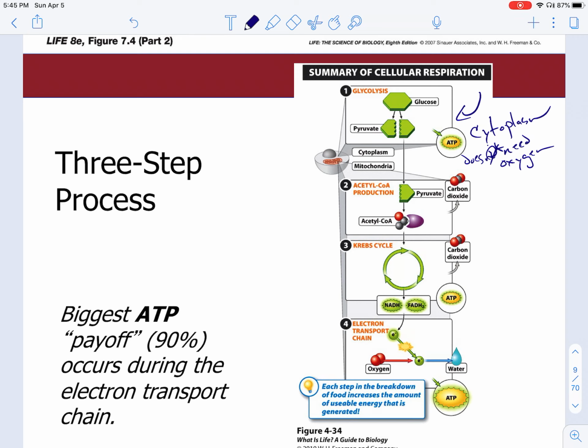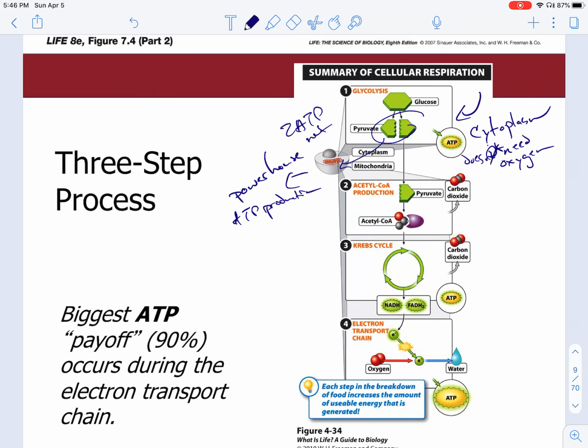From there, you get a little bit of ATP, 2 ATP net in this process. And from there, the pyruvate molecules go into the mitochondria. And remember, we call the mitochondria the powerhouse. This is because it's the site of ATP production.